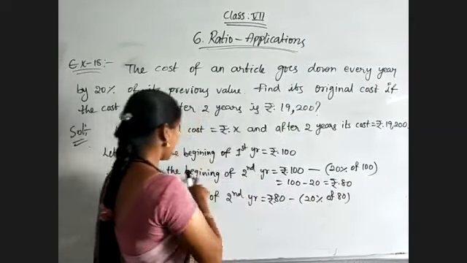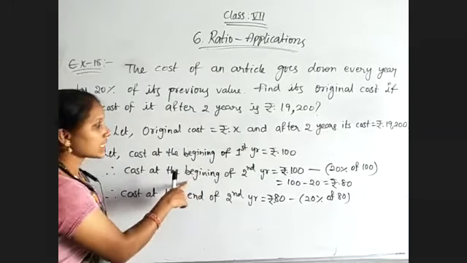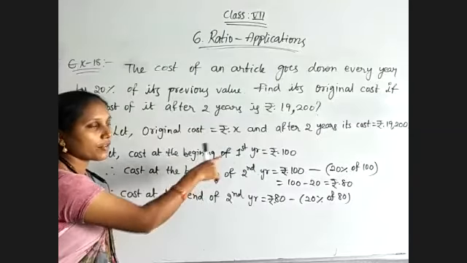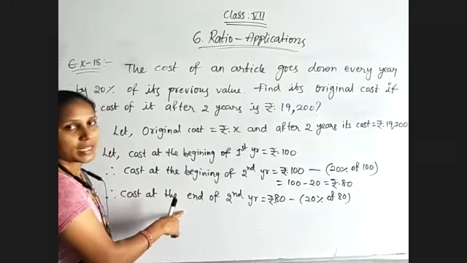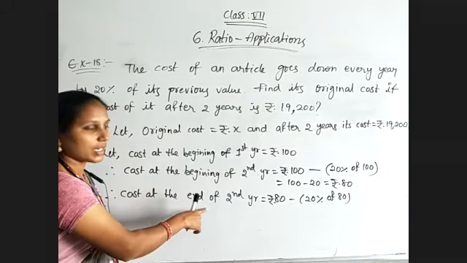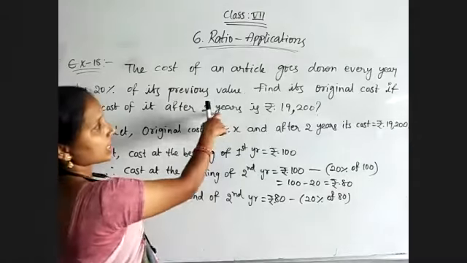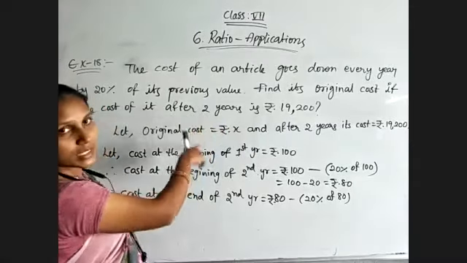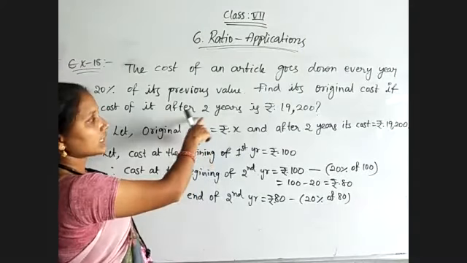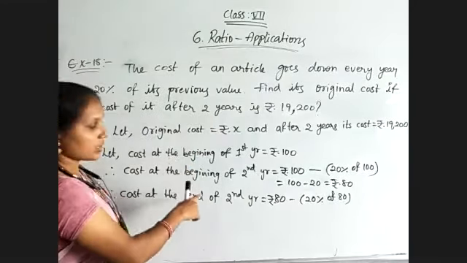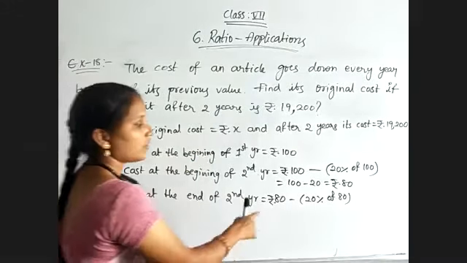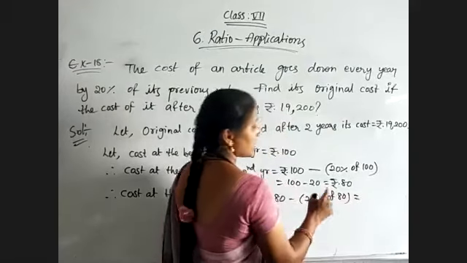The cost at the beginning of the second year is the cost at the end of the first year. Instead of the beginning of the third year, I am writing the end of the second year, because the value of the article after 2 years is what is given. So after 2 years, I am finding 20% of 80.